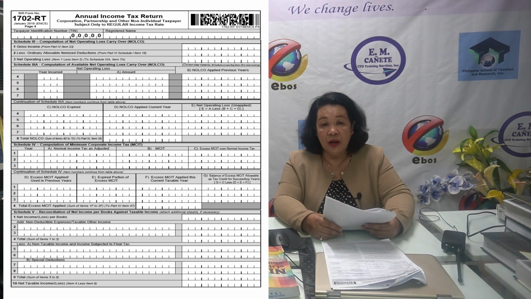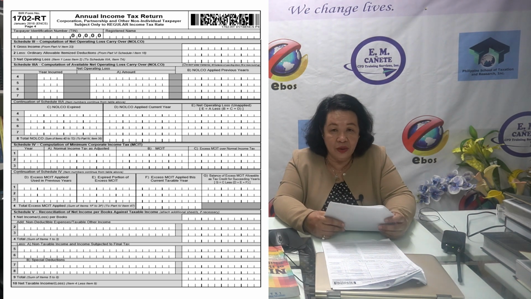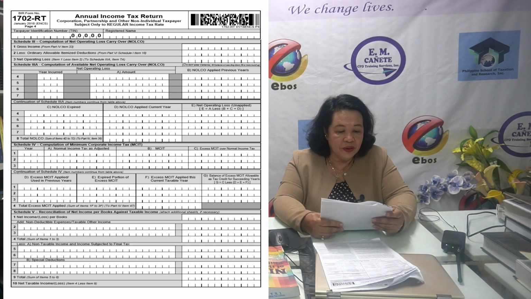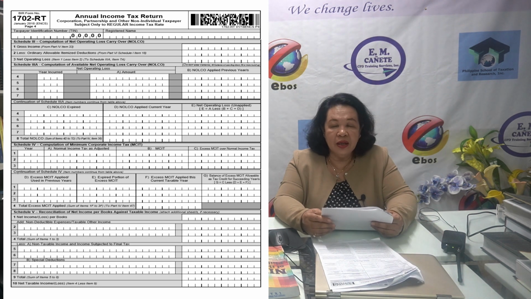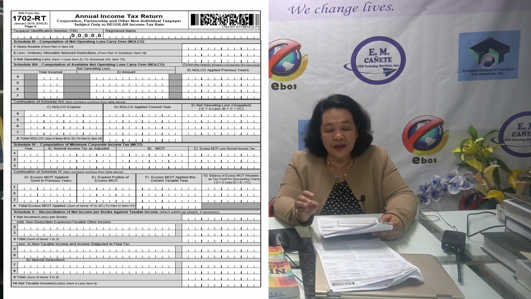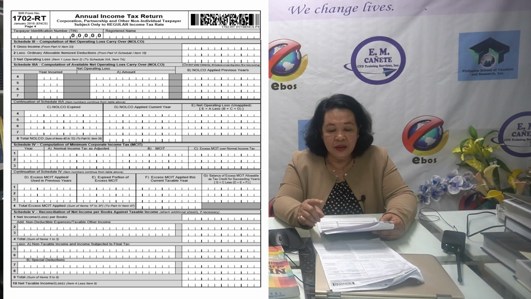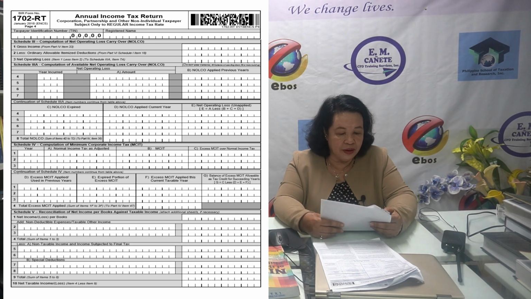These are the losses that you incurred while you are operating a business in the previous taxable year. Since you are allowed to carry it over and to claim the NOLCO for the next 3 years, then if you have some losses incurred, you can still carry that over. So this is under Schedule 3.